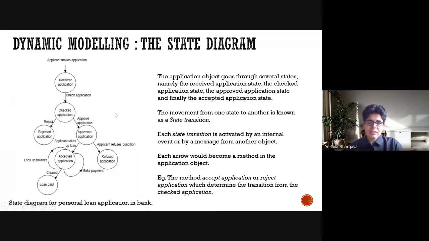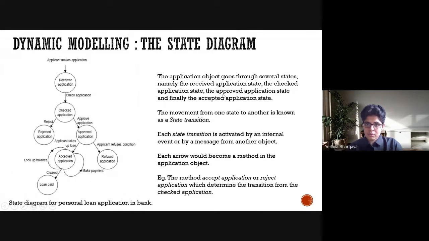Try to think of it as a finite state automata. You can see that every bubble shows what the system is doing, and then the arrow becomes the trigger. So basically the application object goes through several states. These are the different states, shown in the bubbles.